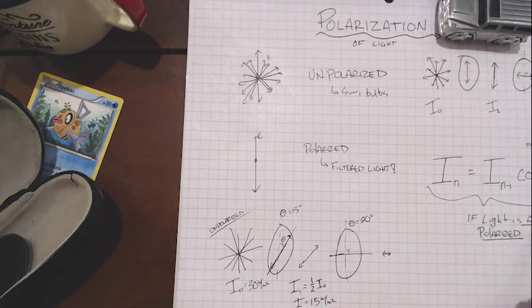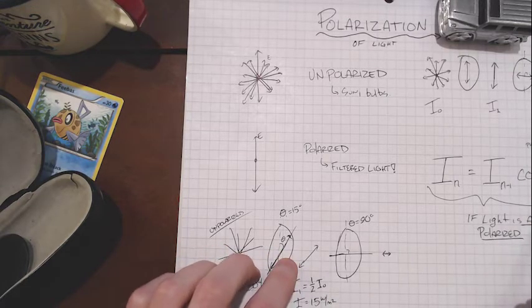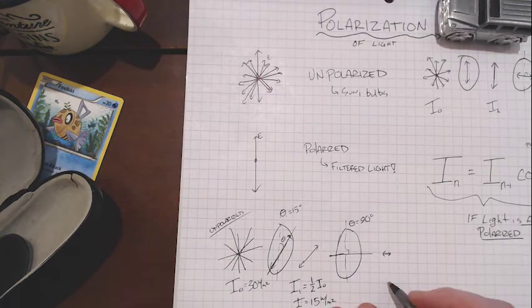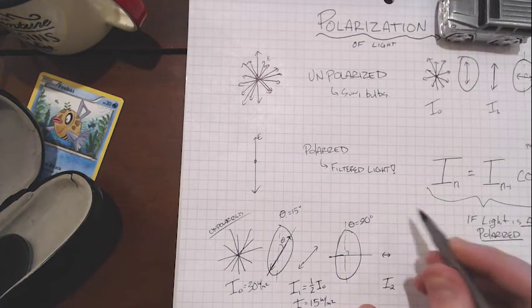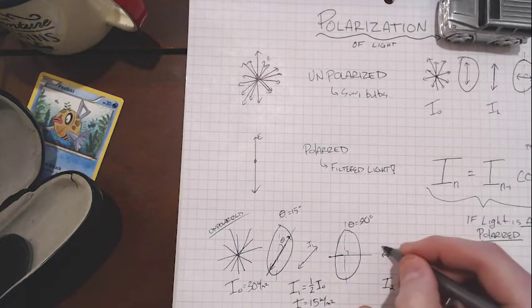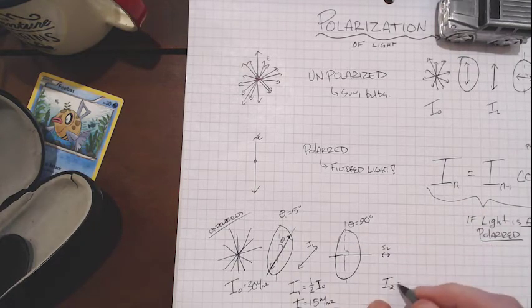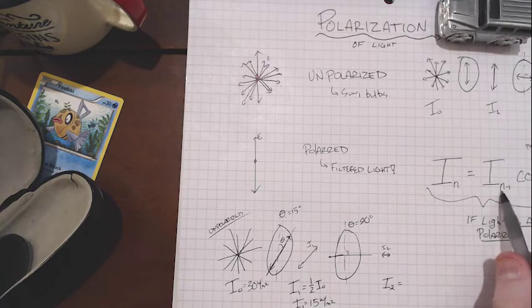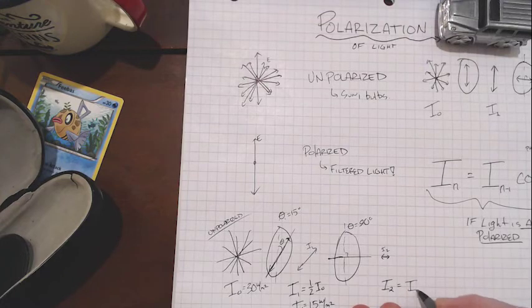But now, because this light is already polarized, we can use this equation. So we're going to get I2. Here we have a new intensity. Here was I naught, I1. Now here we have I2. It's going to be the intensity that came before it, that n minus 1. So 2 minus 1 is 1. Here's I1 times the cosine squared of phi.